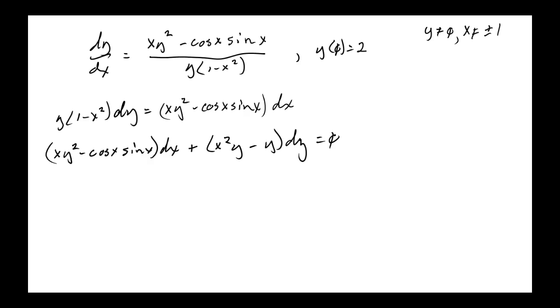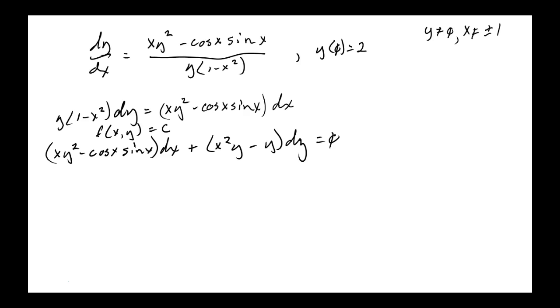Let's write down what our assumption is. Since it is an exact differential, you know there's some function f of x and y equals c, that this satisfies. That's our assumption.